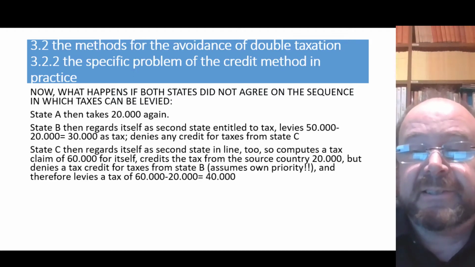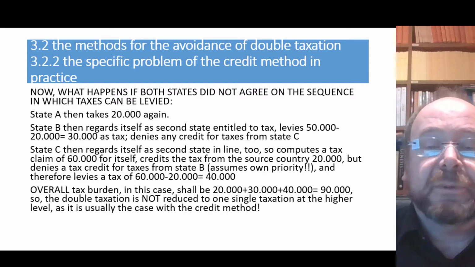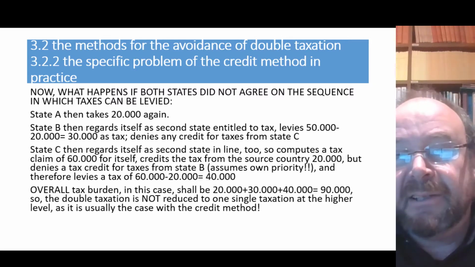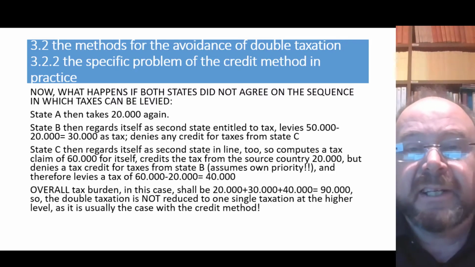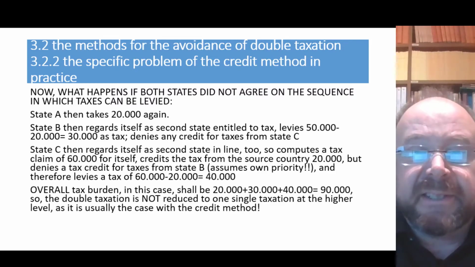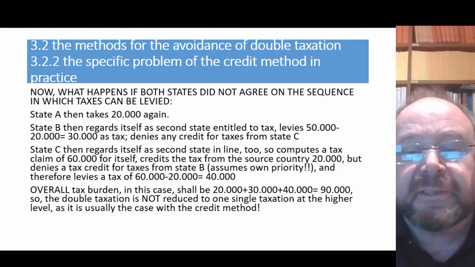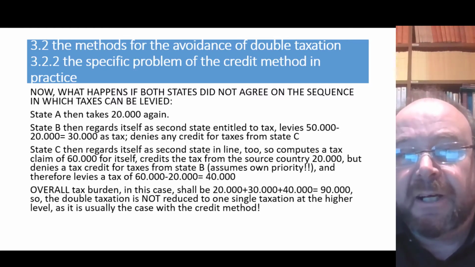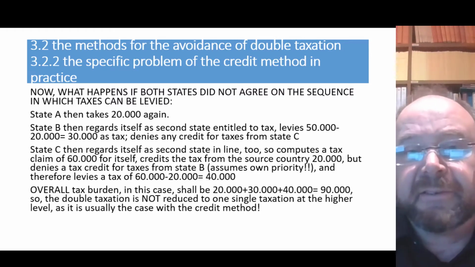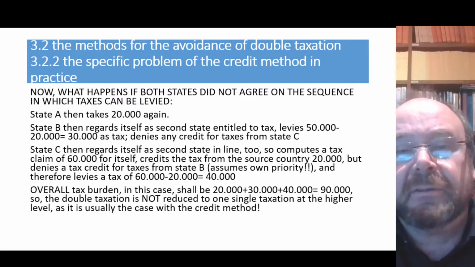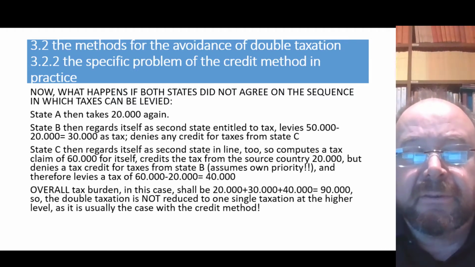In that case, you have an overall tax burden which explodes and could even end up with more than 100% in the end. Although all the states involved agree that there should be no double taxation, you have this effect that everybody says, it's not me who is obliged to grant that tax credit.